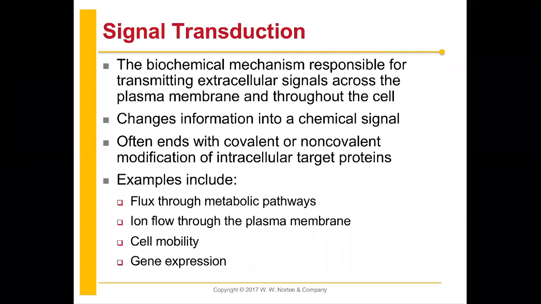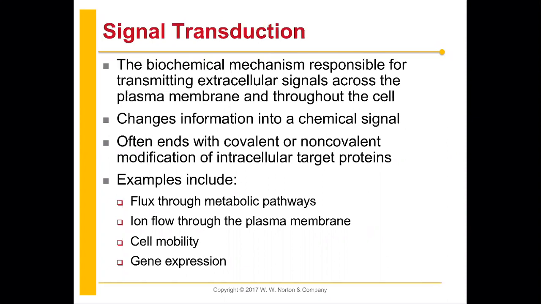All right, so we call the mechanism responsible for transmitting our extracellular signal across the plasma membrane signal transduction. Transduction in general means a change, an induced change. So what's happening is you're changing from information into a chemical signal.